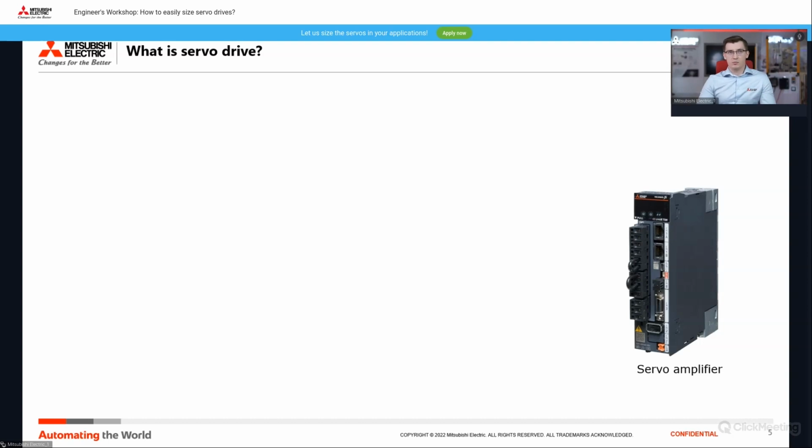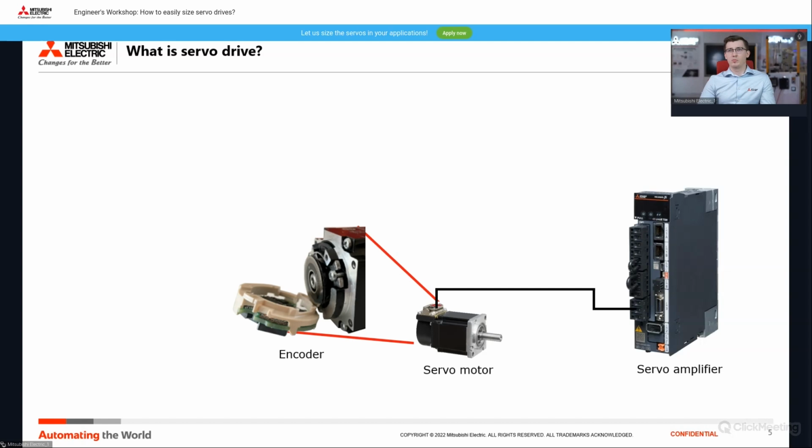a servo drive is the system where you have the servo amplifier, which controls the motor by the signal. So the PLC is commanding the servo amplifier, and the servo amplifier is changing, for example, the speed or the position of the servo motor. But what is important is that the servo motor has to be equipped with some kind of position sensor, so an encoder.